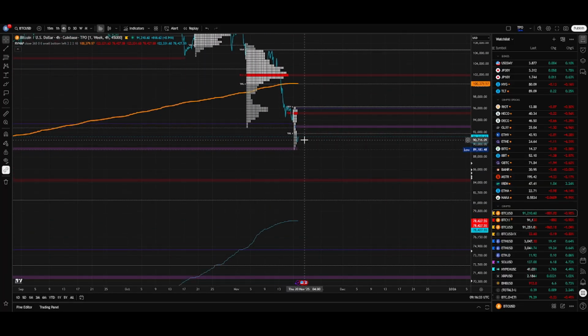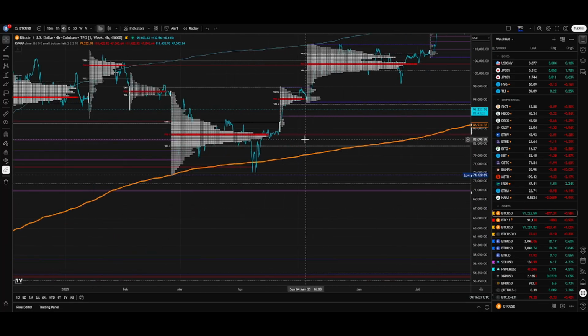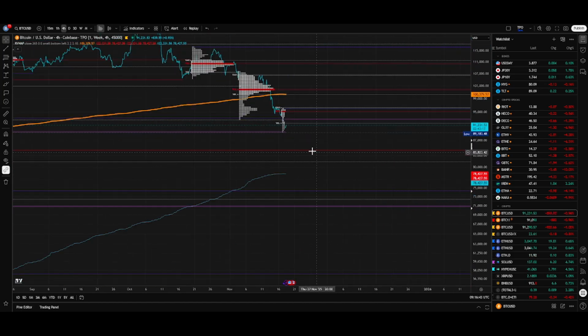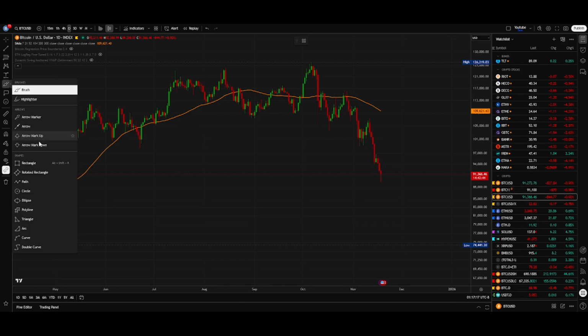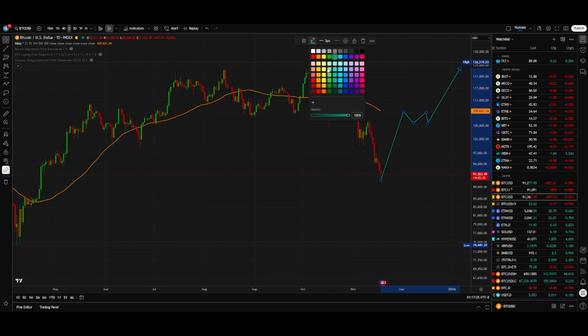Obviously it got a reaction off of this, but is that the low? I think you really have to fill this whole thing. You've got to come down to this point of control here if you want a proper bounce to make a run for it. Bull case here: go up, consolidate, and then break out to a new all-time high.